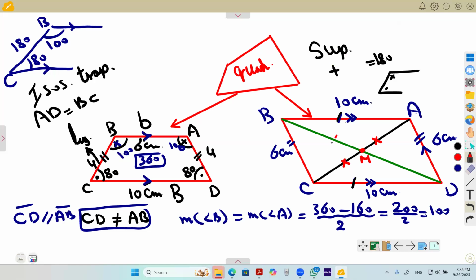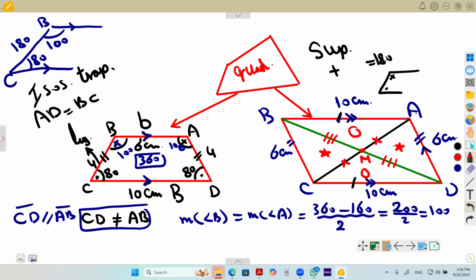So they make four triangles, that each two opposite triangles are congruent together. AMD is congruent to CMB. And AMB is congruent to CMD.